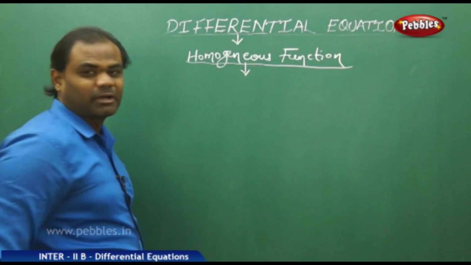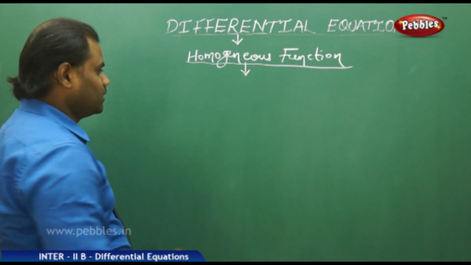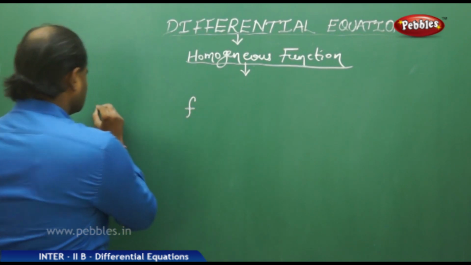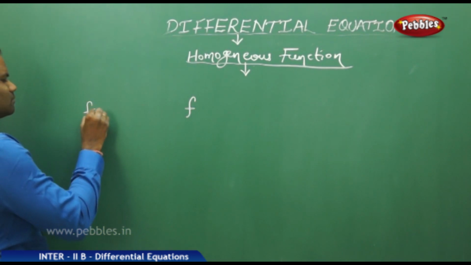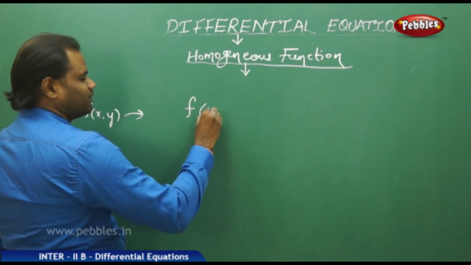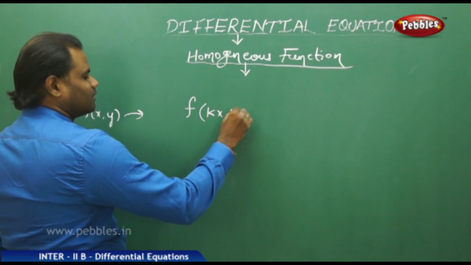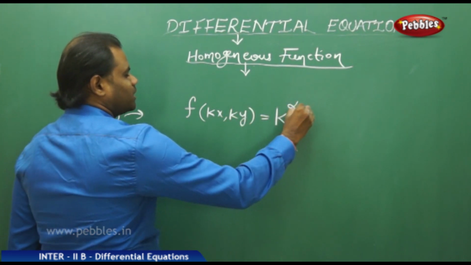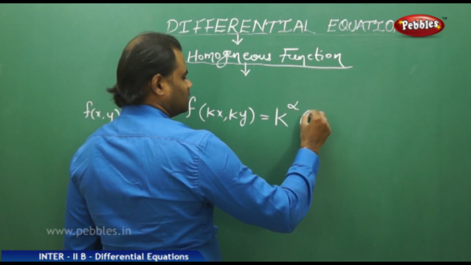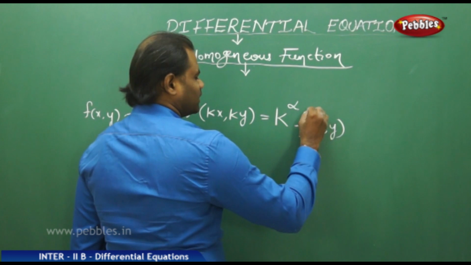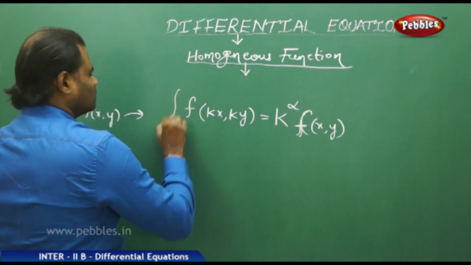Then the homogeneous function has its own mathematical definition. A function f of xy in two variables is said to be homogeneous if, when I introduce the concept of k, f of kx ky is equal to k power alpha times f of xy.